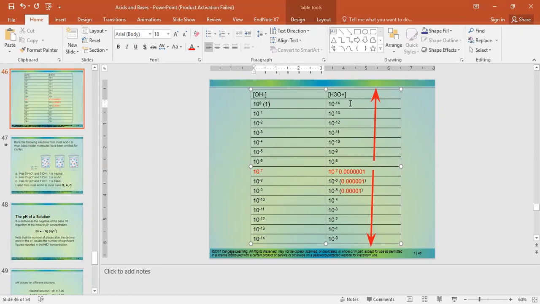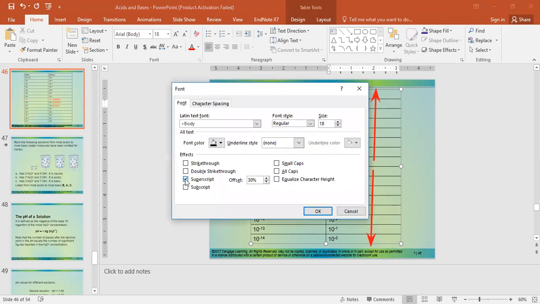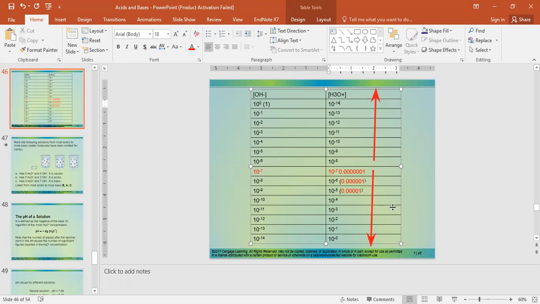While the concentration of the acid here is very small, 10 to the power negative 13. That is the concentration of the acid.